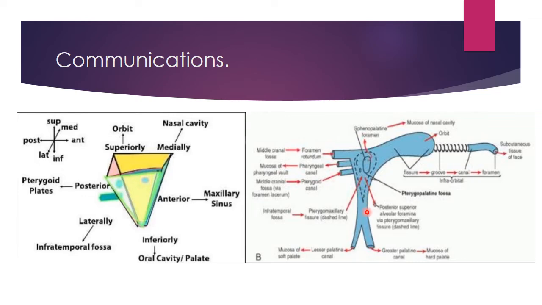Similarly, the lesser and greater palatine canals communicate with the oral cavity. Medially it communicates through the sphenopalatine foramen with the nasal cavity, while laterally through the pterygomaxillary fissure with the infratemporal fossa.